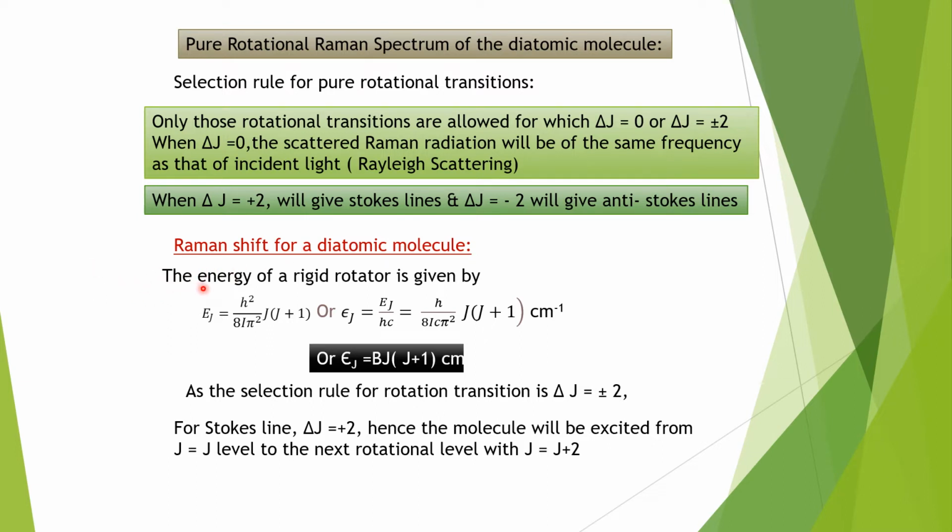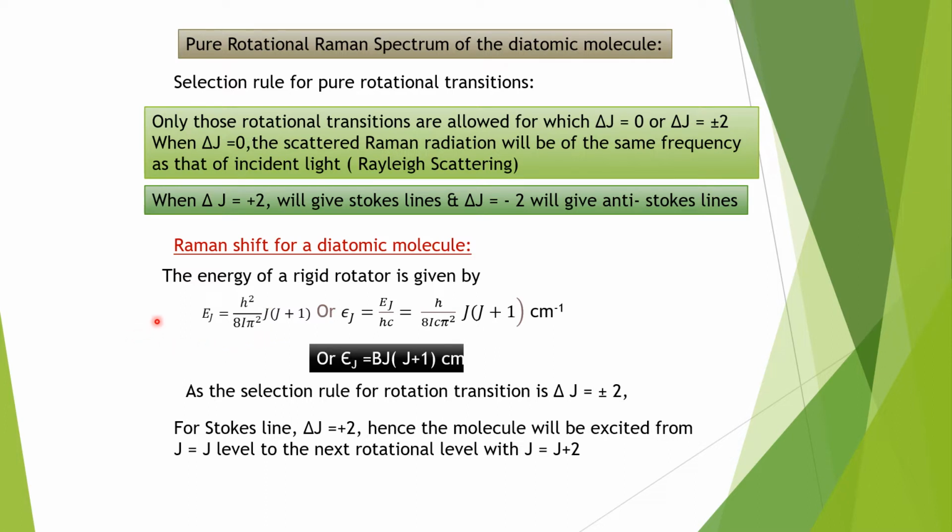The energy of a rigid rotator is given by the equation Ej is equal to h square divided by 8 pi square I into j into j plus 1. Or it can also be expressed as epsilon j is equal to Ej divided by h into c.